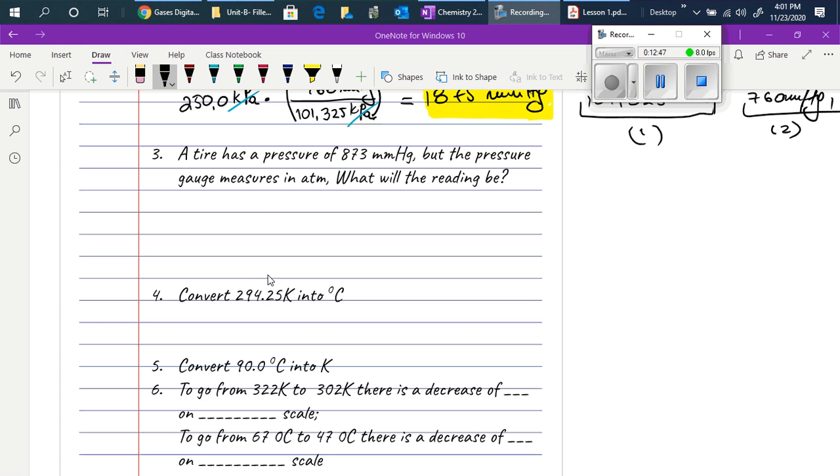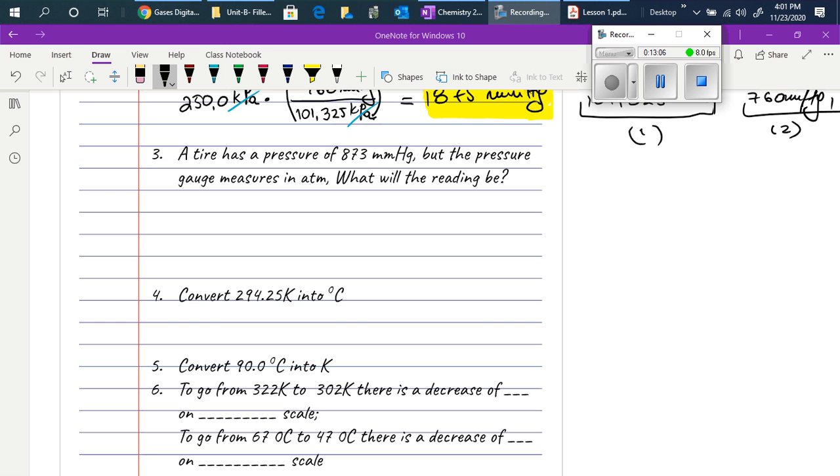Let's take a look at the other one. We have a tire that has a pressure of 873 mmHg, but the pressure gauge measures in atmosphere. What will the reading be?